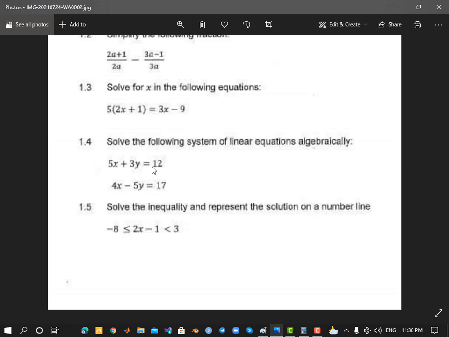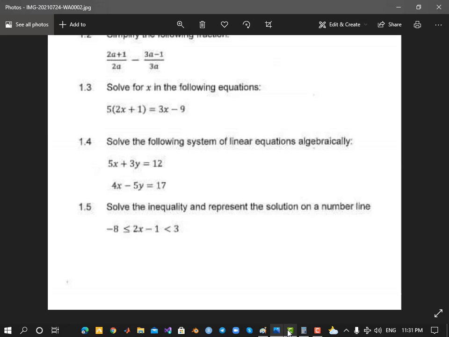So we have this question here, 1.4, which says to solve the following system of linear equations algebraically: 5x plus 3y equals 12, then 4x minus 5y equals 17.